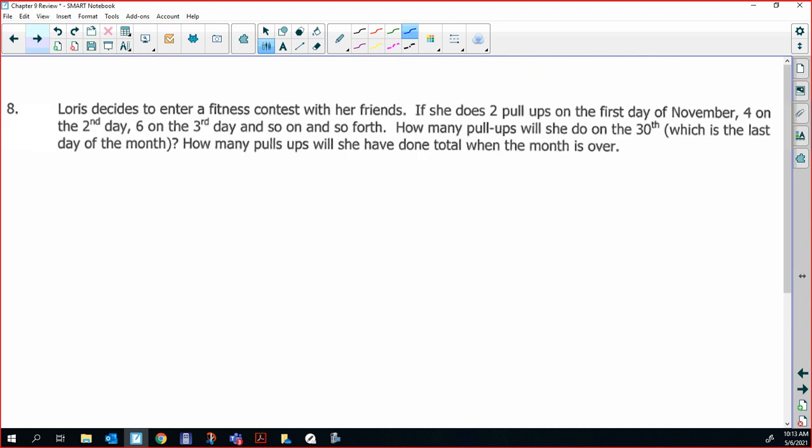All right, another word problem. You need to determine what type of series or sequence it is, and then get all the information from it.